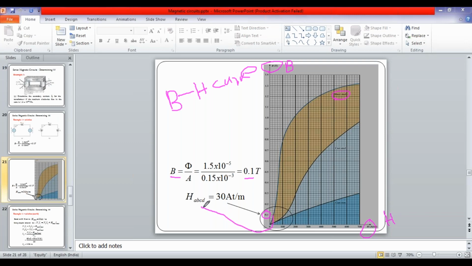This value gives the H value. Is it okay now?